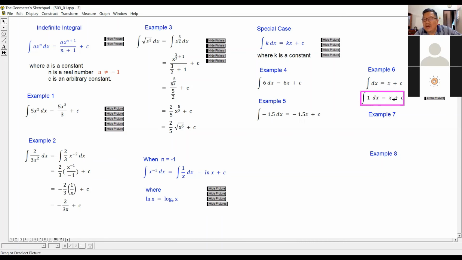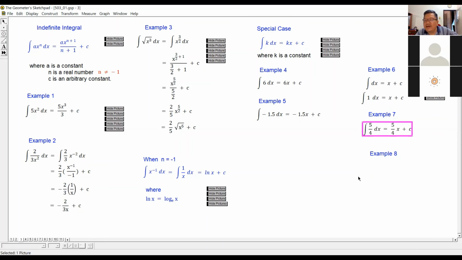Then it will be 1x plus c. Is this okay? Any question? No, teacher. Then we go on.